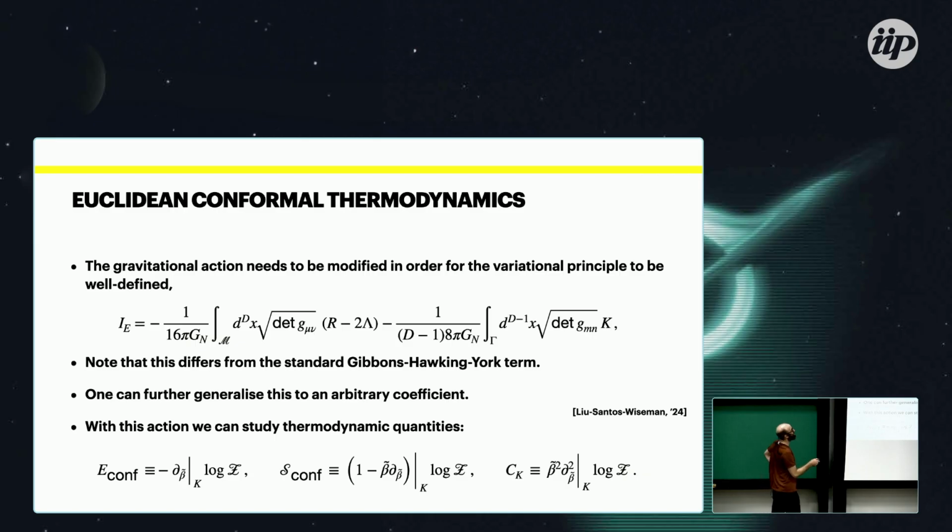One can think that, given that these conformal boundary conditions only change the coefficient of this term, which is just root g or h times K, one can consider the case of an action where you put some arbitrary coefficient over here, and one can try to guess what boundary conditions that induces. That was done by Liu, Santos, and Weisman.